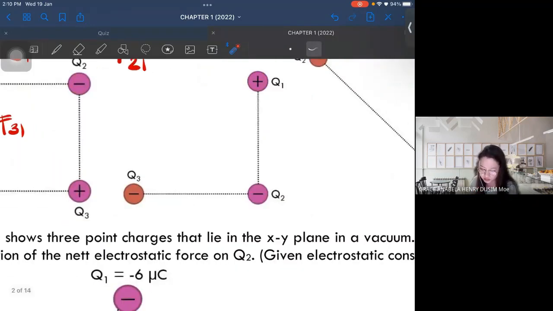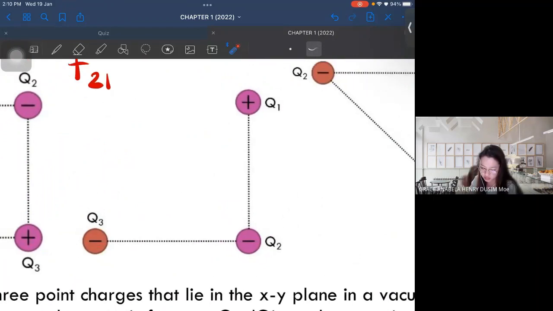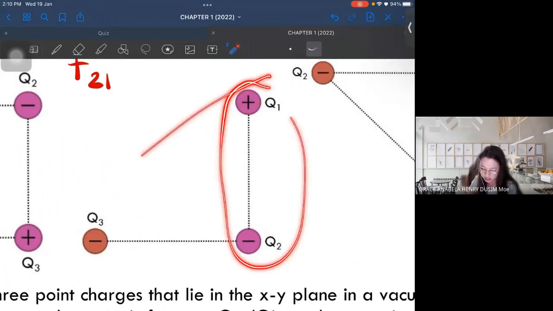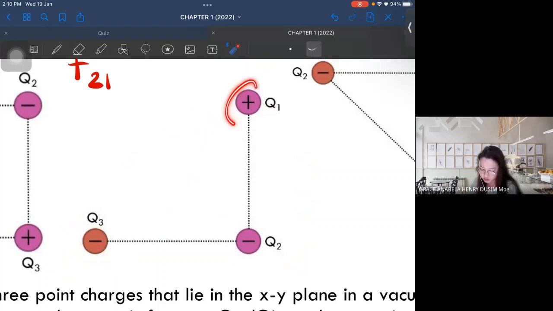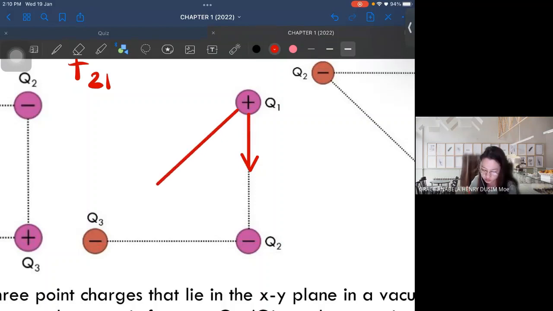Okay, right, now this one pula, Q1 is positive, so we will be looking at this one and then at this one. Okay, so this is unlike charge, so there will be an attractive force. So this is gonna point towards Q2, and then this one would also point towards Q3. Okay, so this is force by 2 on 1.